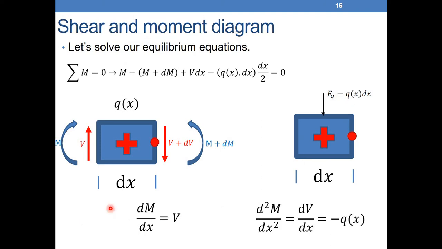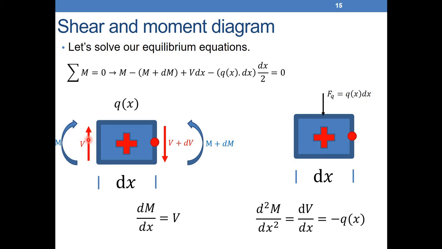If we do the sum of moments equal to 0 here, for example, around this red dot, we'll have M. Let's take the clockwise direction as positive. So we have plus M, minus M plus dM in the opposite direction.